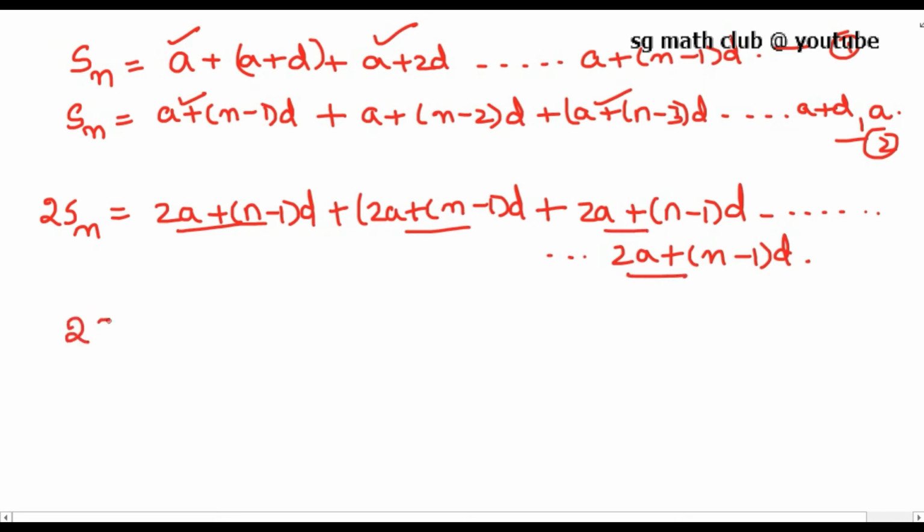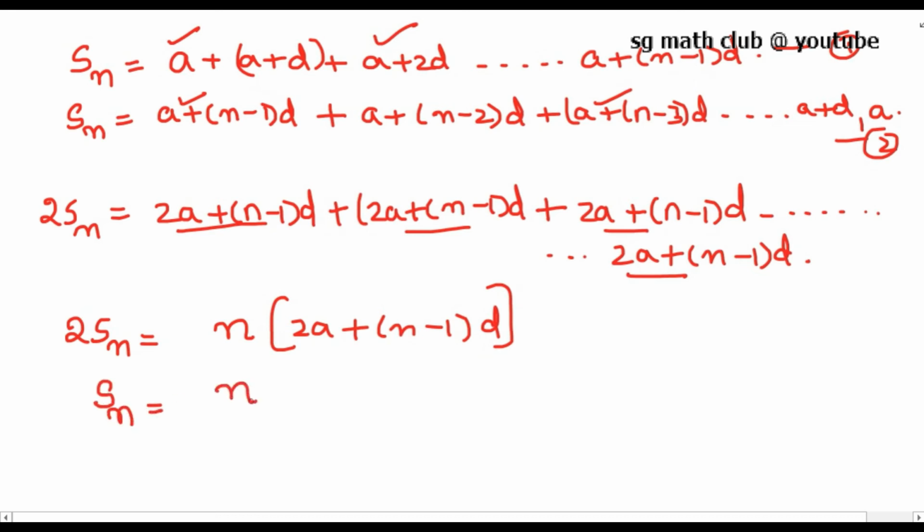So I have 2 times Sn is equal to n times 2a plus n minus 1 into d. We need to find the sum of the first n terms, so the 2 I will take to the other side.